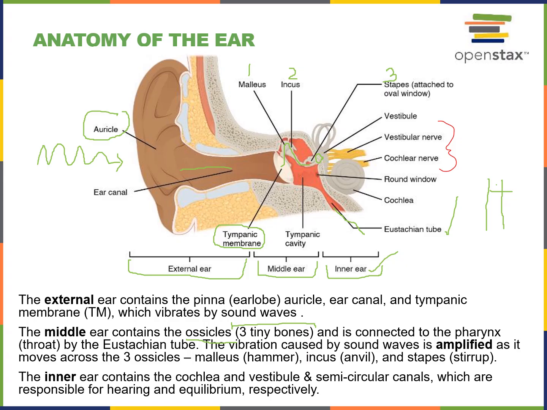You open your mouth, the back of the mouth leads to another part of the pharynx, referred to as the oropharynx. And then there's a lower portion which is closer to where the voice box is. The reason I'm mentioning this is because this area is shared. It is shared by the nasal passages, which are part of the respiratory system, and by the oral cavity, which is part of the digestive system.